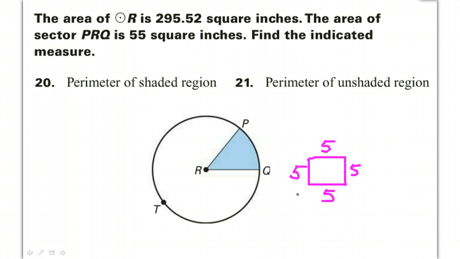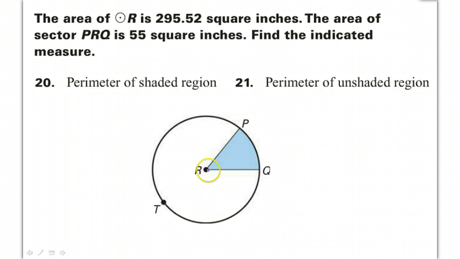Could you tell me what the perimeter would be? Yes. The perimeter would be 20, because the perimeter is the sum of all the sides, all the lengths around the edges. All right, so in that case, the perimeter would be 20. Okay?